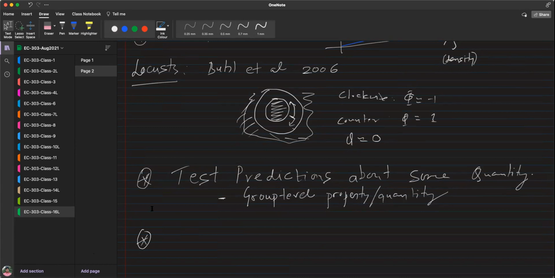There's one more thing you must always keep in mind: models have assumptions, right? How about testing assumptions? Isn't this another important thing to do?